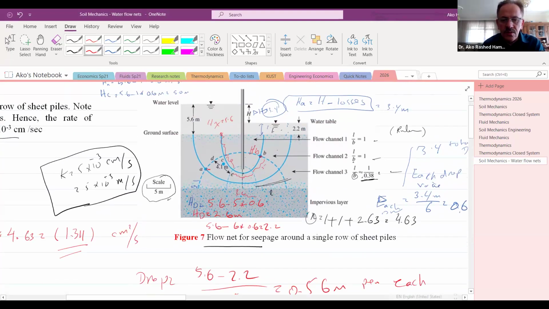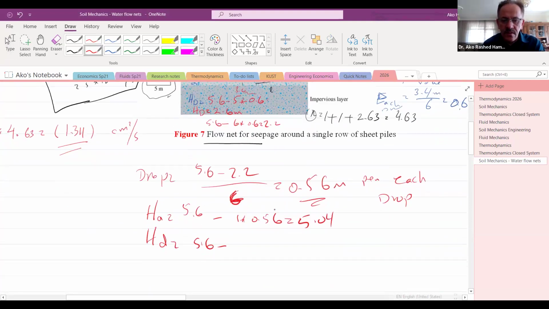It's 1, 2, 3, 4, 5. So it's 5 times 0.56. 5.6 minus 5 times 0.56, so the value will be 2.8 meter.